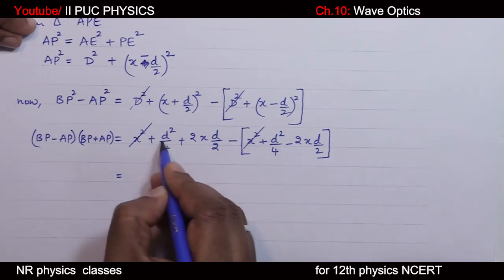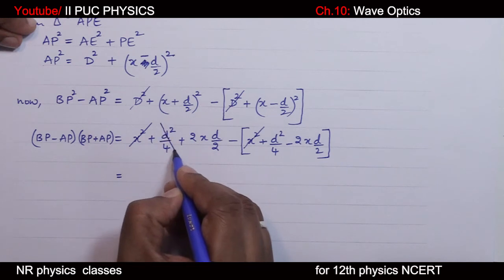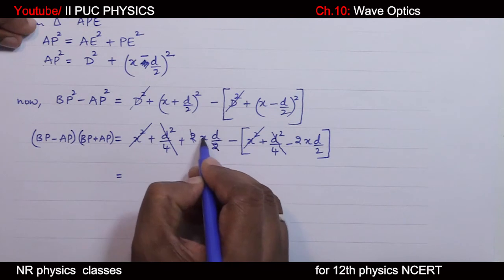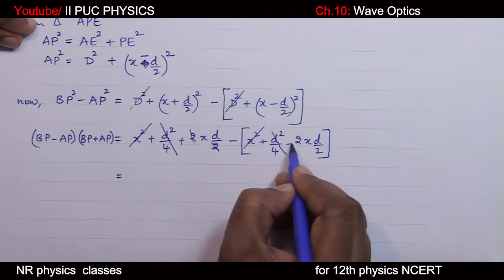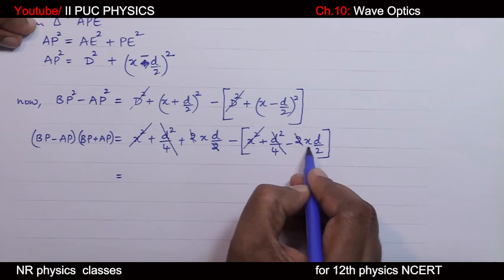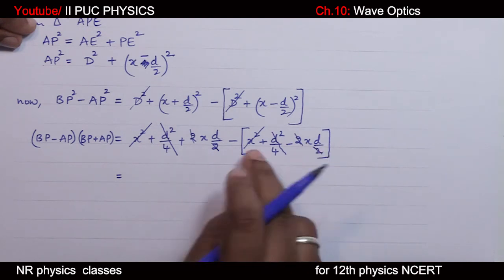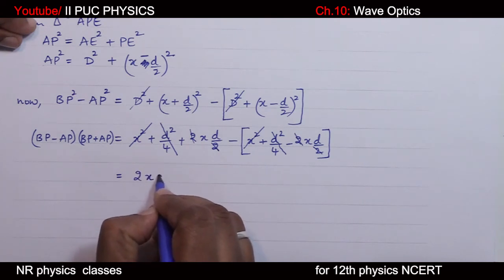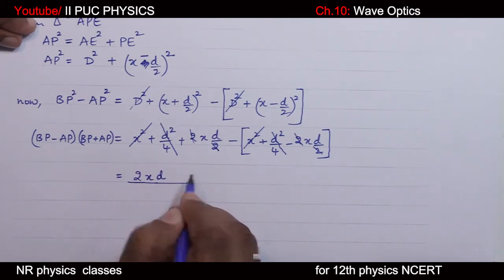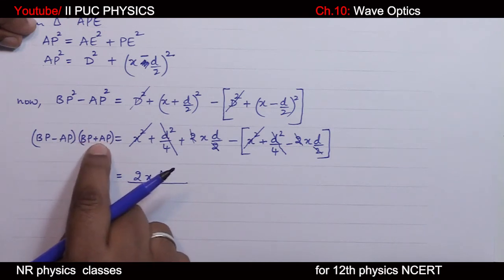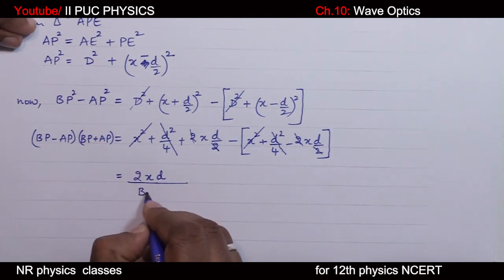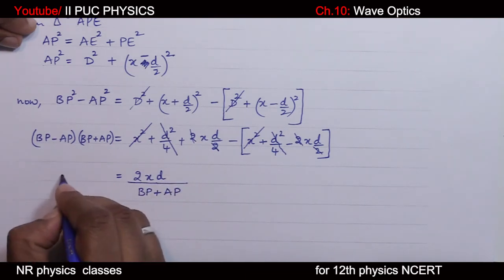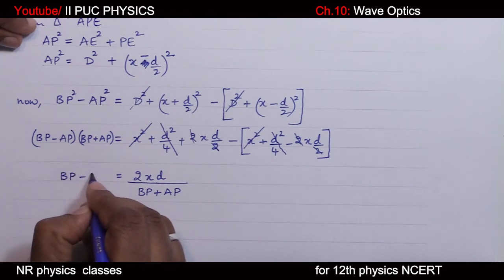Minus d square by 4 plus d square by 4 gets cancelled. xd plus xd is 2xd. BP plus AP, let me bring this to the denominator. The left hand side is BP minus AP.